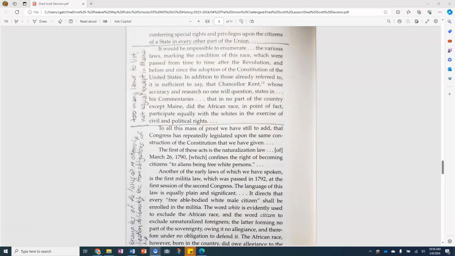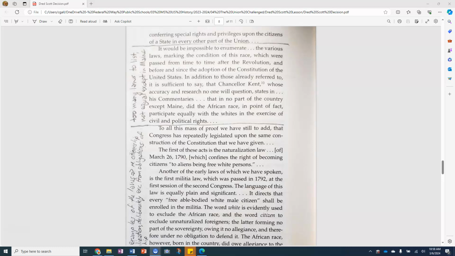He says, in addition to those already referred to, so on top of what I've already talked about, okay, it is sufficient to say that Chancellor Kent, and this is from the footnote at the bottom of the page, was the Chief Justice of the New York Supreme Court and Chancellor of New York. His written opinions and commentaries on American law were accepted as a standard interpretation of the Constitution. Okay, so he's referring to a big authority, somebody that his readers are going to recognize.